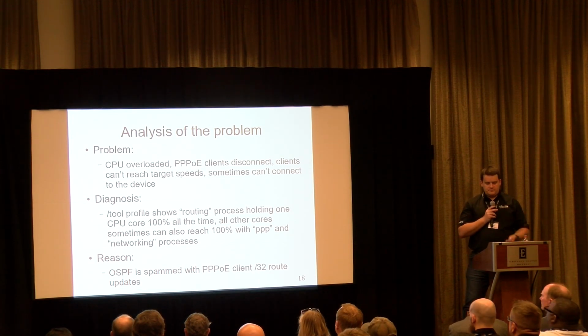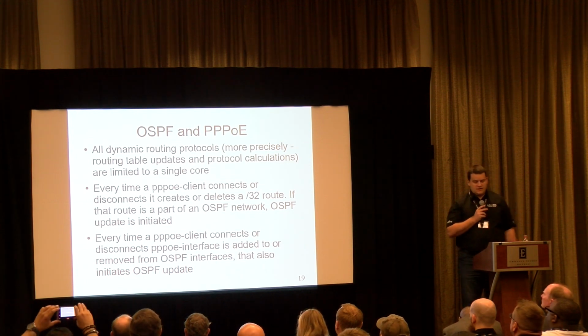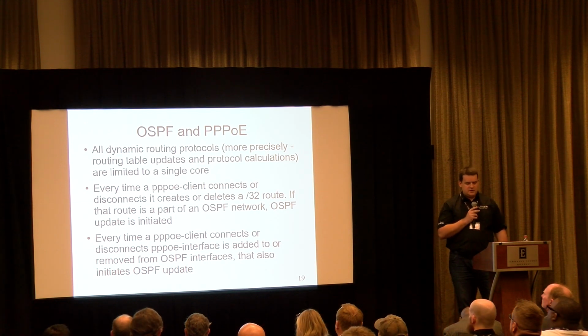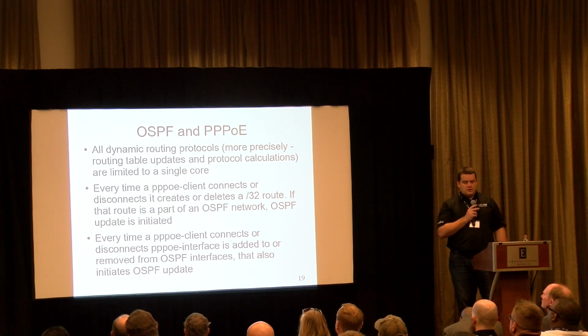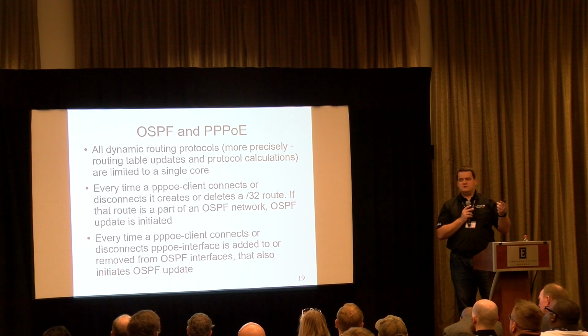Basically, as you know, all dynamic routing protocol updates, precisely routing table updates and protocol calculations in RouterOS version 6, are limited to a single core. So every time a PPPoE client connects or disconnects, it creates a new /32 route or removes it, and it initiates an OSPF update in your network.